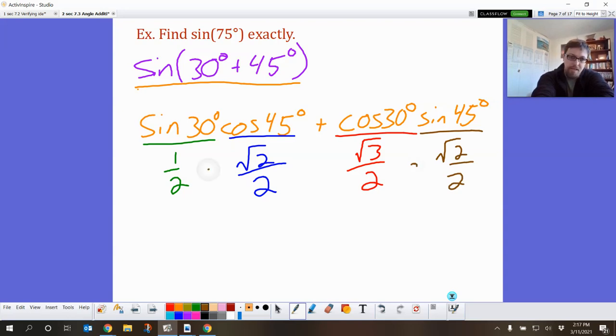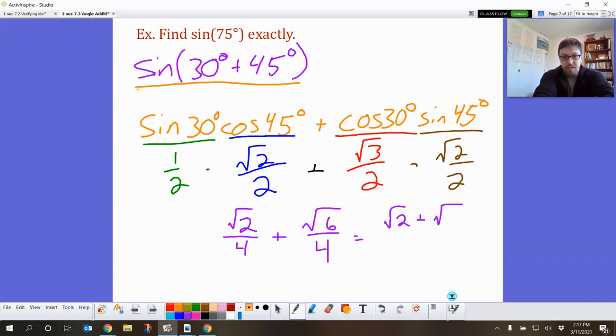Now these are being multiplied and then added. We simplify all of this: the square root of 2 over 4 plus the square root of 6 over 4, which equals the square root of 2 plus the square root of 6, over 4.